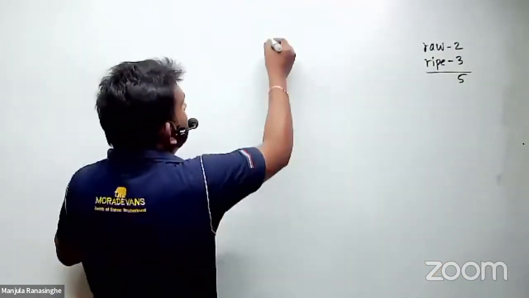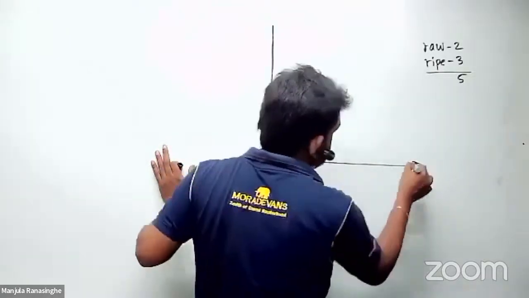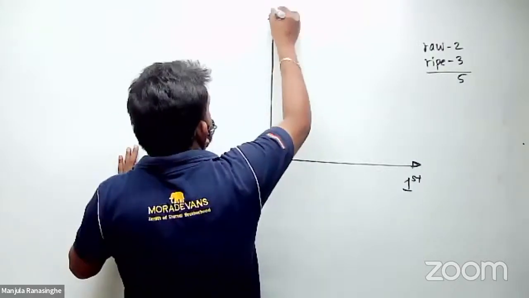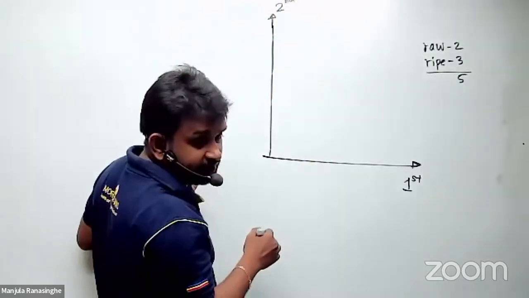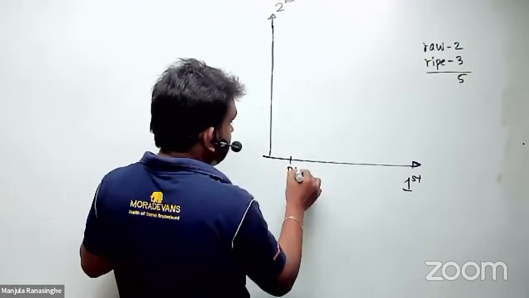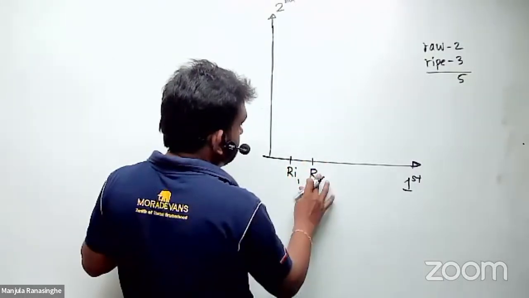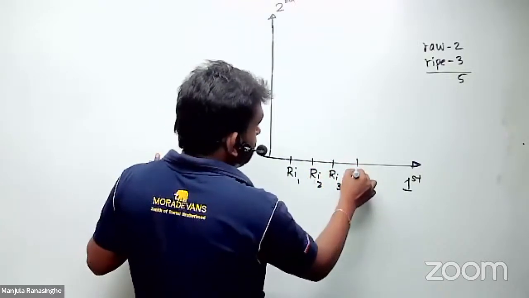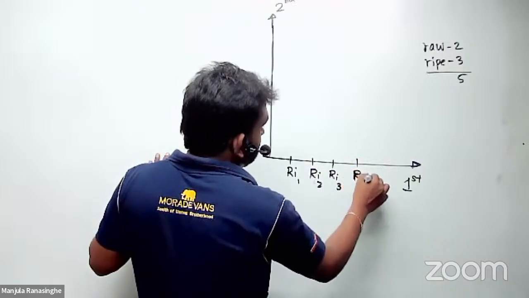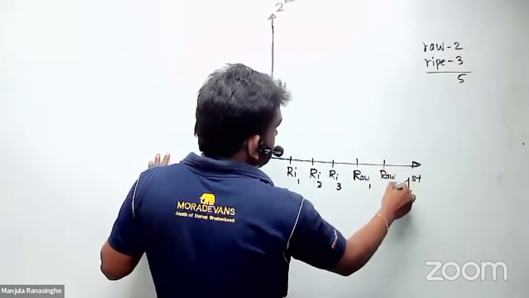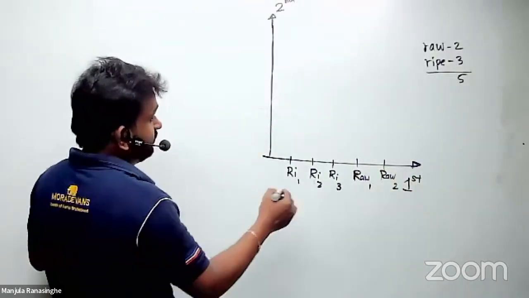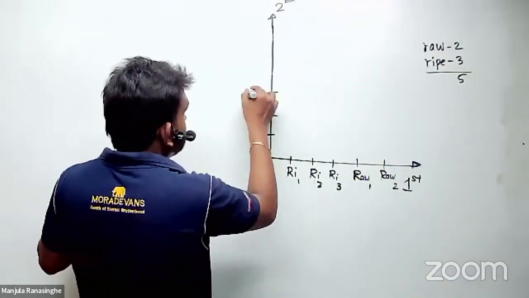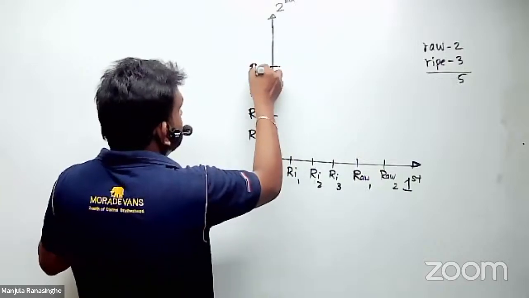So here is the sample space, first draw and here second draw. Now see there: Ri1, Ri2, Ri3, and Row 1 and Row 2. So these are the sample space of the first draw, second draw: Ri1, Ri2, Ri3, and here Row 1, Row 2.